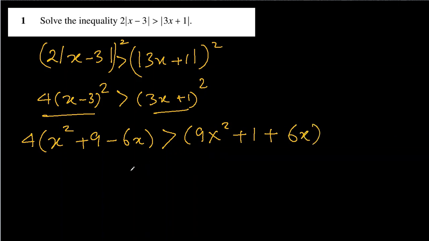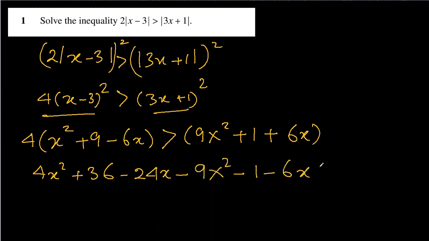So now we will combine both the parts onto the left side. So let me open this bracket while doing so. 4x squared plus 36 minus 24x is greater than, okay, I have to bring it to the left side, minus 9x squared minus 1 minus 6x is greater than 0.